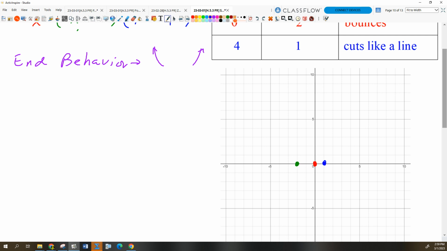So if I start at the left, and we said we were cutting like a line at the green x-intercept, then doesn't that mean we're doing that? What did we do at red? We bounced, and then we cut, right? So that's what our function looks like.